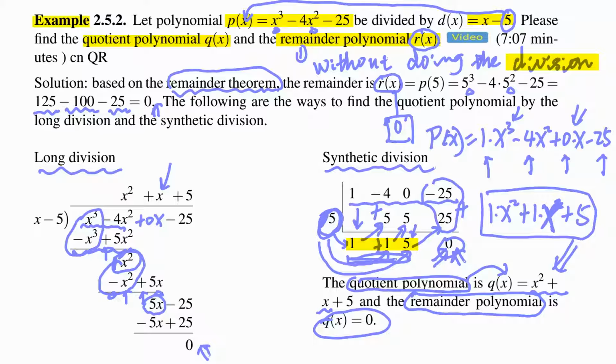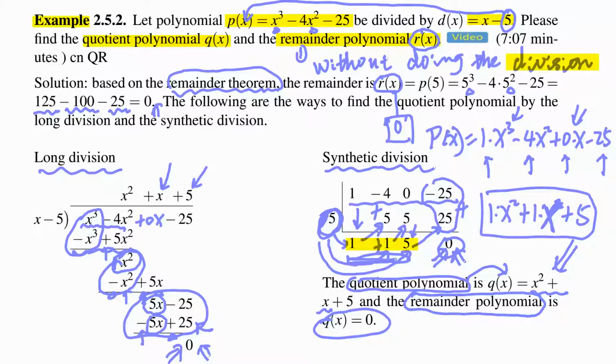Okay, and then when you put constant 5 here, 5 times x is positive 5x. We do the subtraction, so we put negative. 5 times negative 5, we get negative 25. But again, we want the opposite sign to do the subtraction. We got negative, negative is positive. And those two are actually cancelled, so we have a remainder of 0.